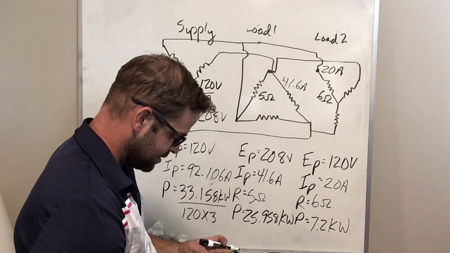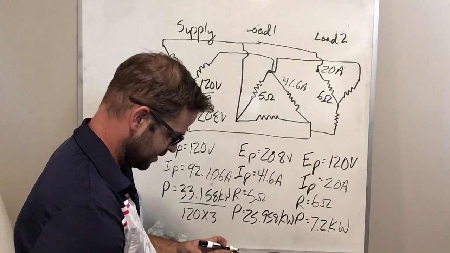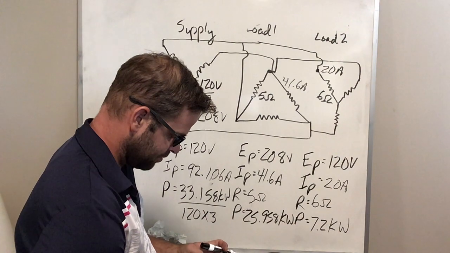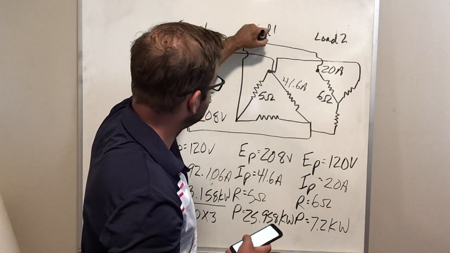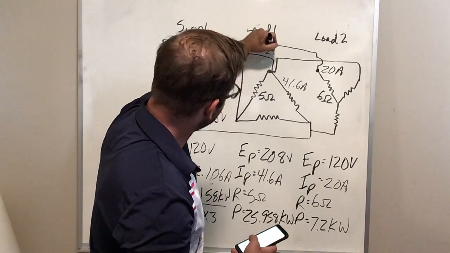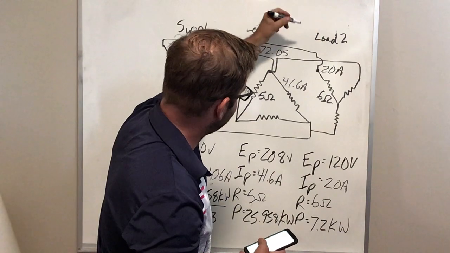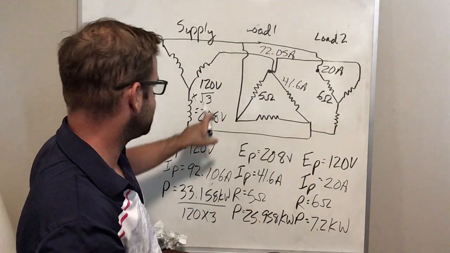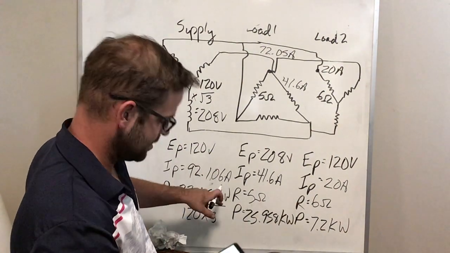So if I take my 41.6 times 1.732, or root 3, I get a value of 72.05 amps. And there is some rounding going on here, so you see that the decimal is a little different.